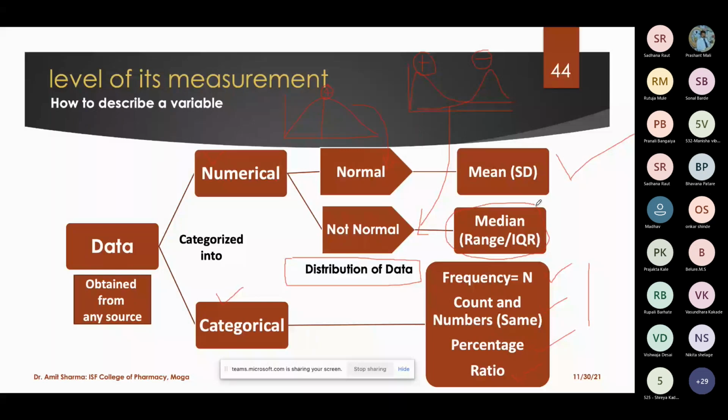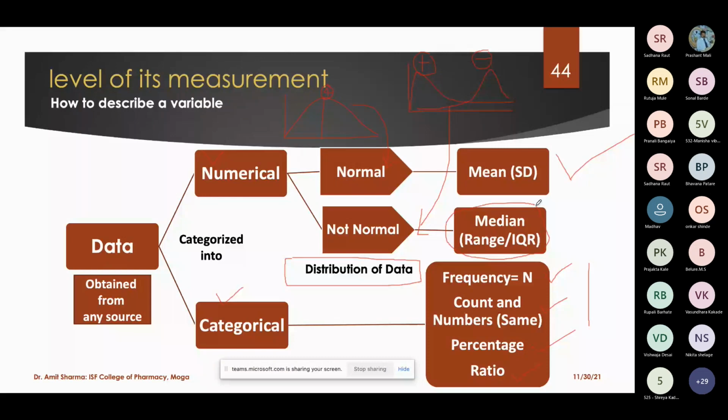Like always, we write a standard deviation along with the mean. In the same way, we write an IQR, that is the interquartile range, along with the median. Clear?